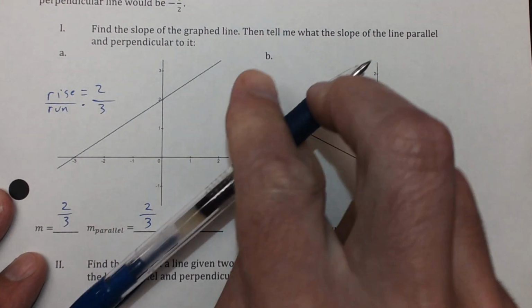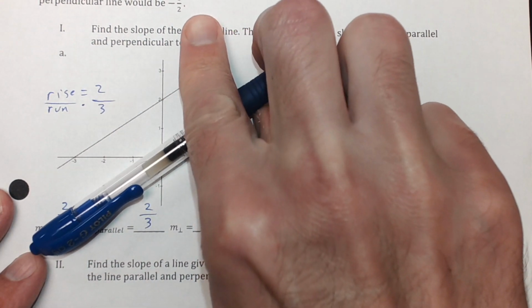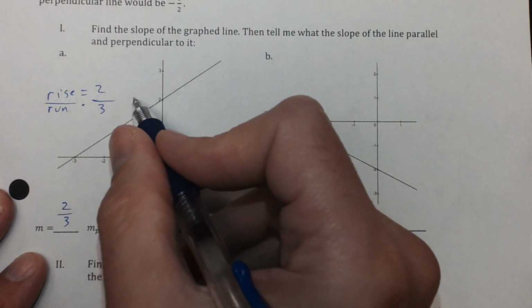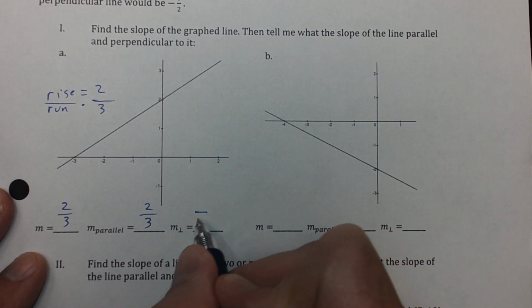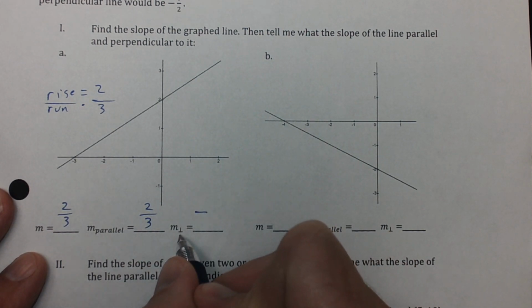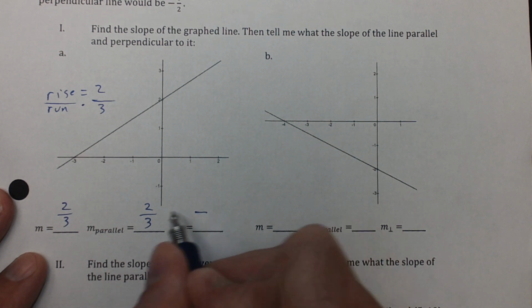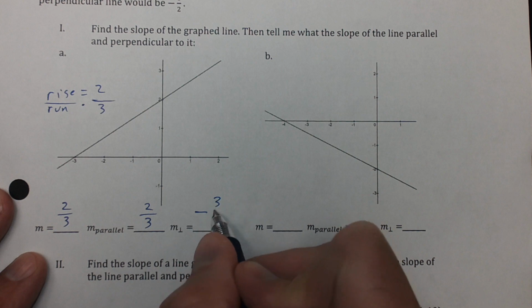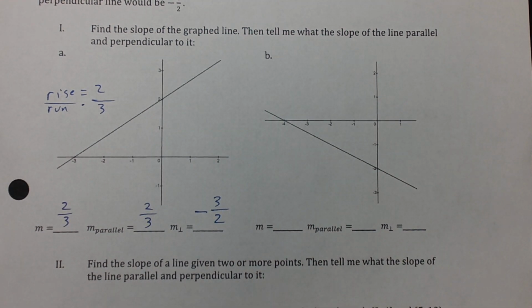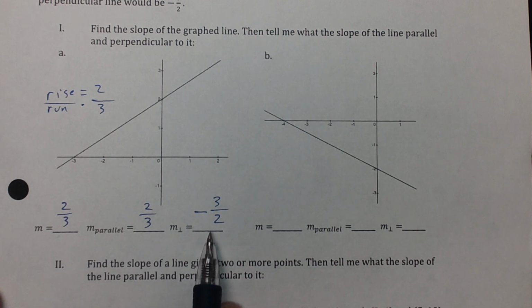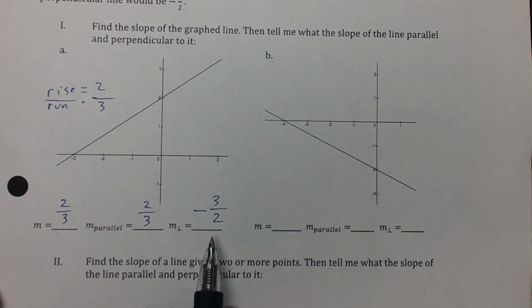It's going to be exactly the same slope. They would be just side by side. But the perpendicular one, you're going to have to change the sign. So instead of positive, it's going to be negative. This is the symbol for perpendicular, by the way. The slope of the perpendicular will be negative. Instead of 2/3, you flip it, and the reciprocal gives you 3/2. So we went from 2/3 to negative 3/2 for the perpendicular line.